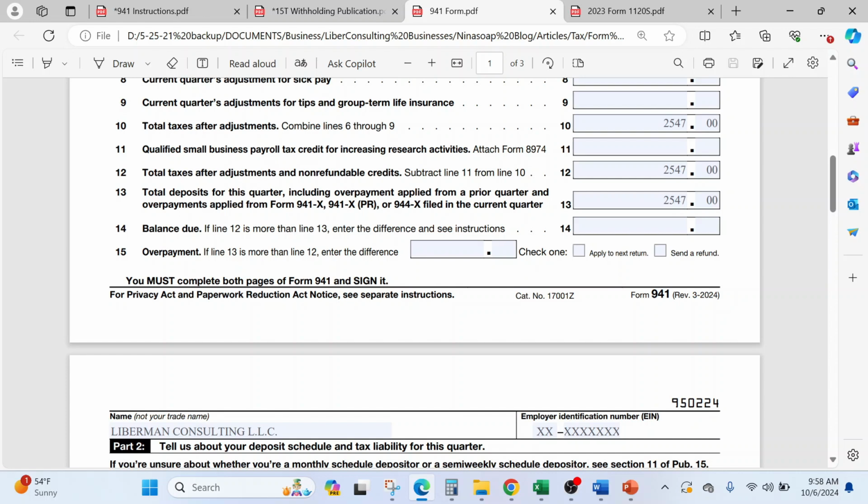The payroll tax liability that you deposited during the quarter is what you are asked to provide, so that they can compare it to line 12, the total tax liability, to see if you owe money or if the IRS owes you money. The difference between line 12 and line 13 will tell you if you need to pay more, or if the IRS needs to refund you the difference.